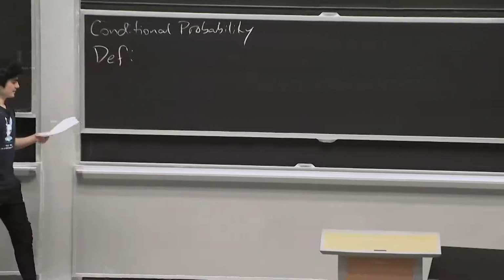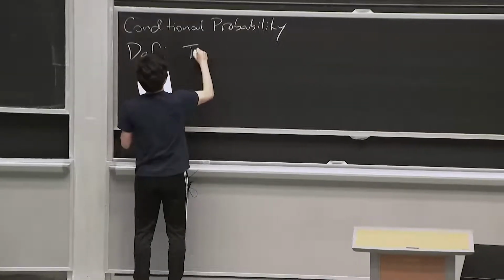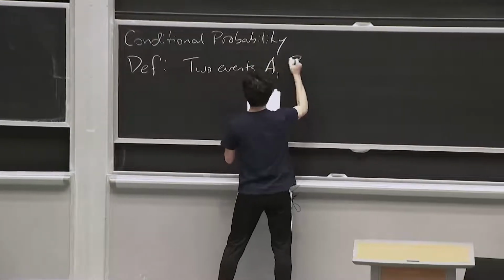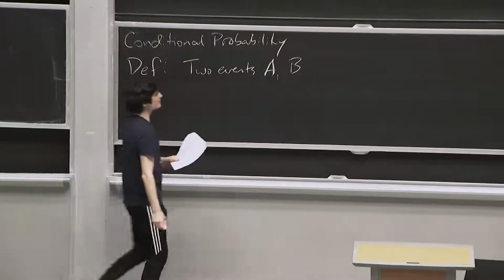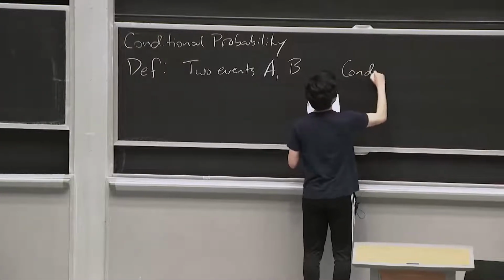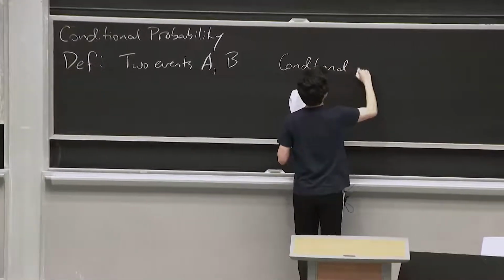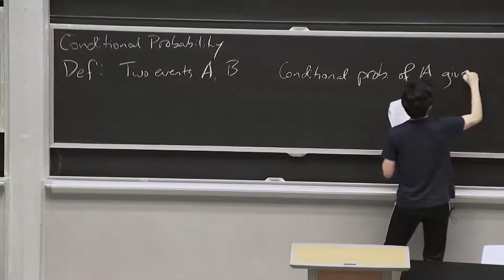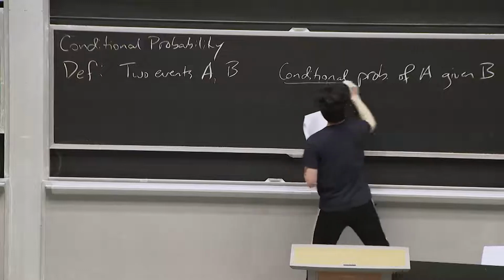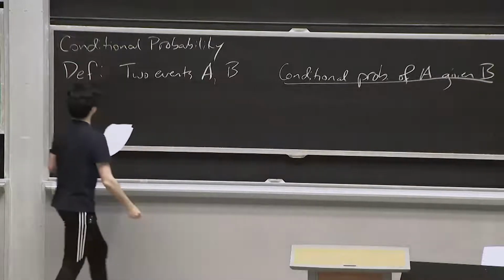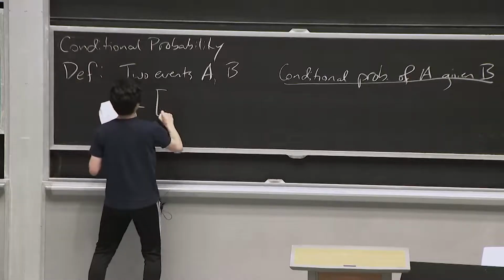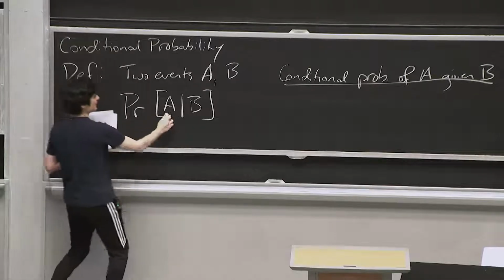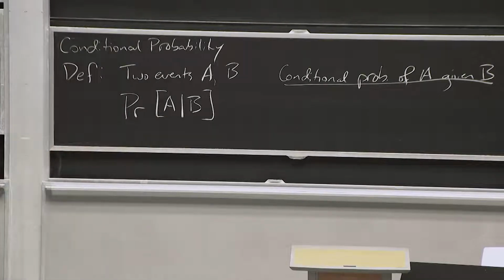We're going to make use of the following definition. If we have two events, A and B, we define the conditional probability of A given B, which we denote as A conditioned on B, with a vertical bar.